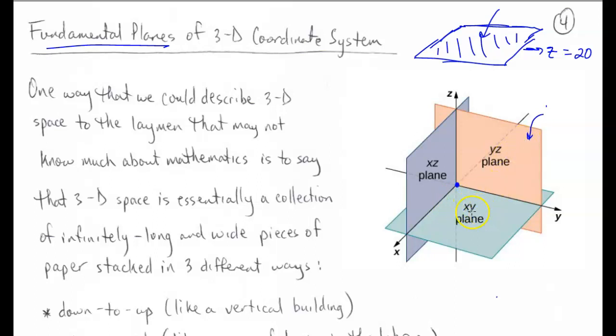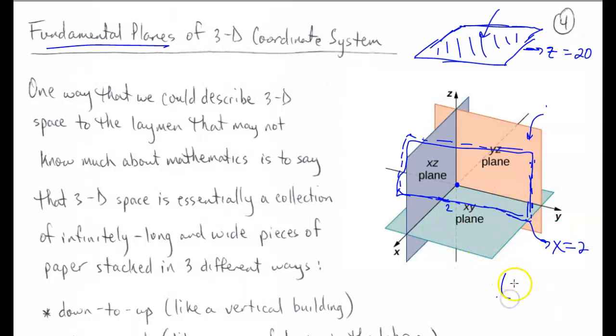Okay, so in that case, what I would have at, let's say, x equals 2, I would have a plane that would look something like this. And here, all the points on this particular plane would have in common that its x coordinate would be 2.